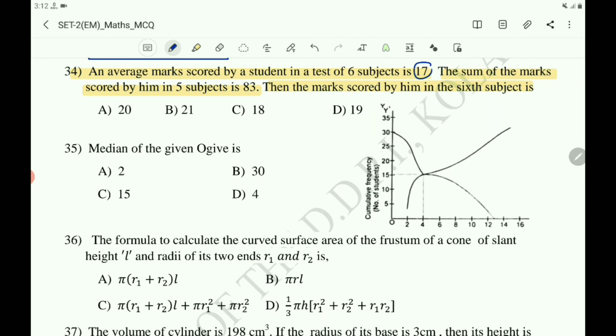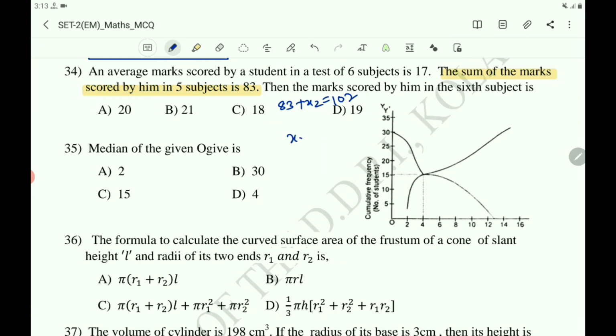What is the sum of the 5 subjects? 83. So (83 + x6) divided by 6, since there are 6 subjects, equals 17. So 17 times 6 is 102.